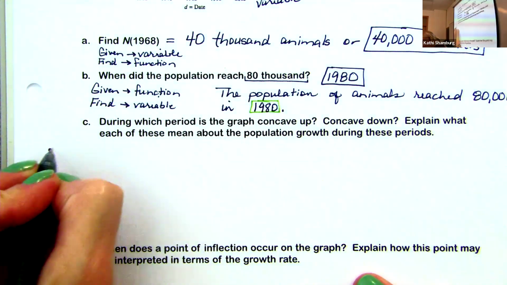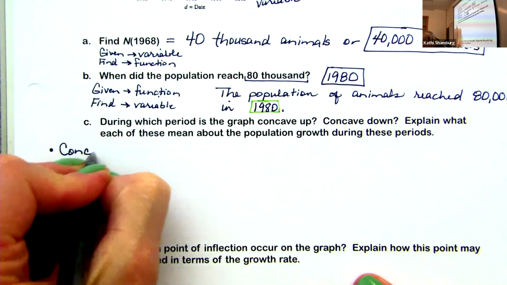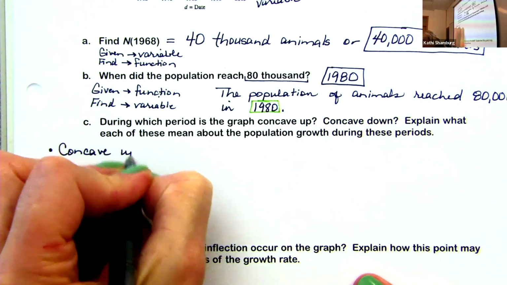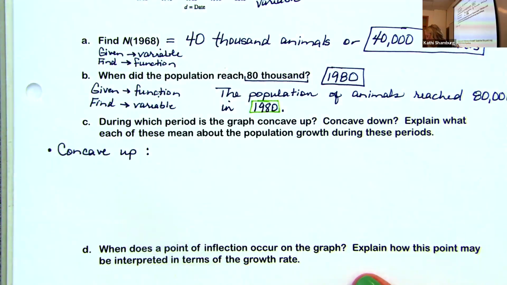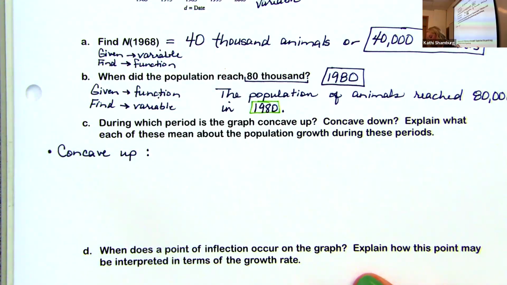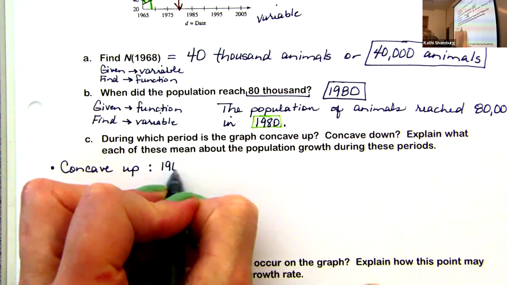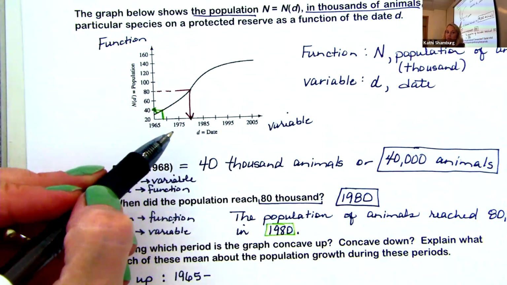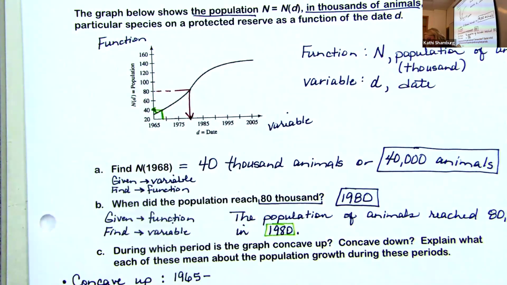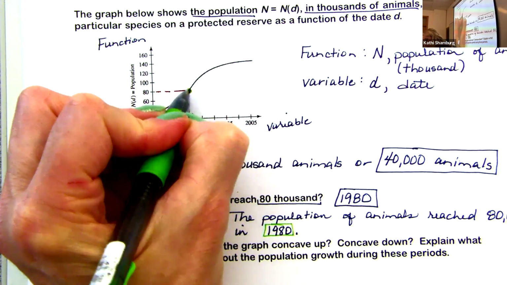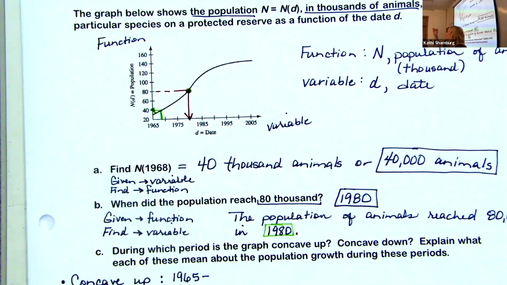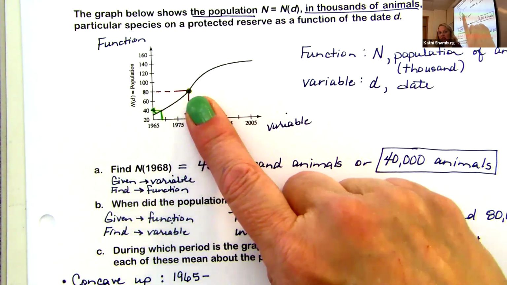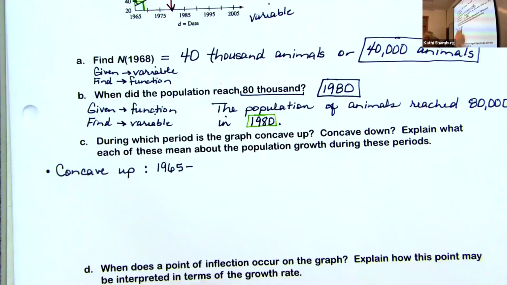So we're going to define it as concave up. What year did that start? 1965. That's when my graph starts, so we'll go with 1965. Now, here's another place. I'm going to say that the concavity changes right here. If you chose somewhere a little above or a little below, I'll have some leeway on a test, okay? But we're going to say that it changes concavity right there, which is 1980.